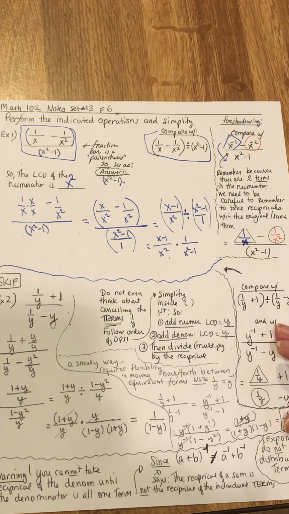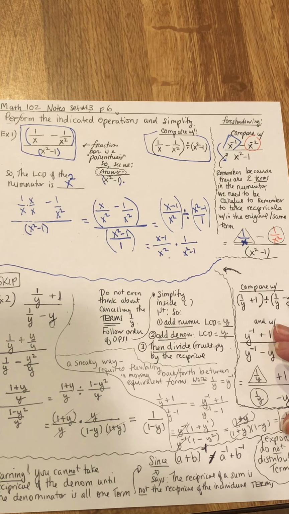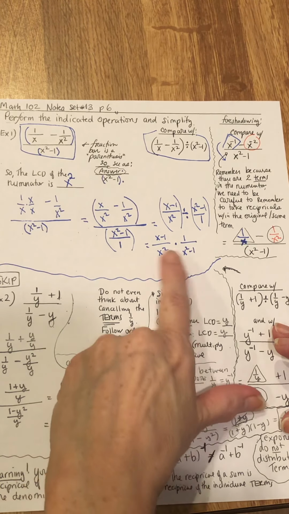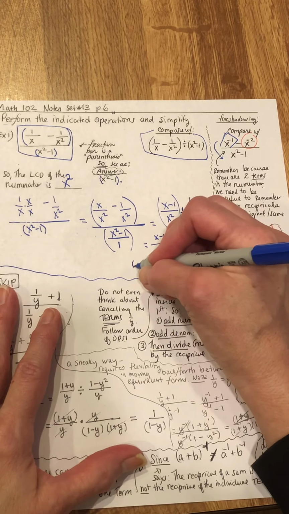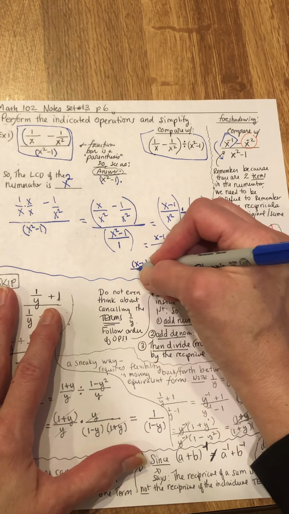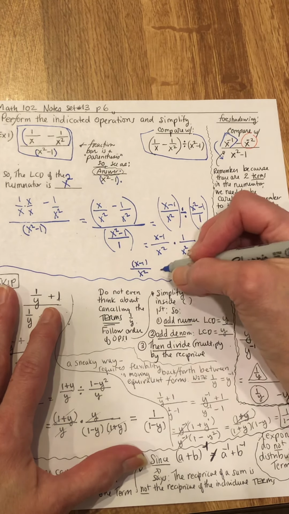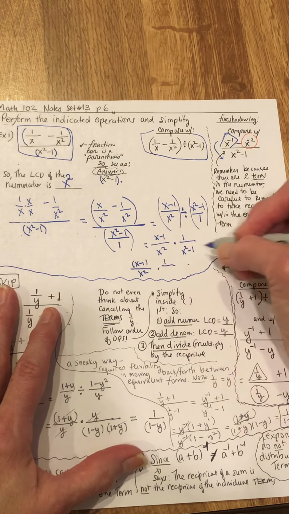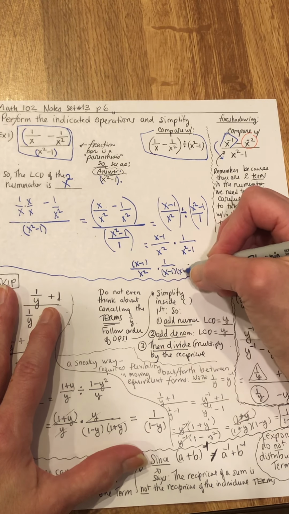And now I'm basically multiplying, and to multiply fractions, you basically cancel identical factors. So I need to see if I can factor anything. I can't factor the x minus 1, so I leave it that way. This is x squared, that's already in factored form. The one thing I can factor is the x squared minus 1. That's x minus 1, x plus 1.